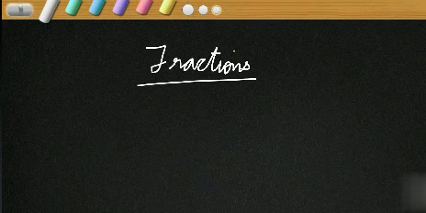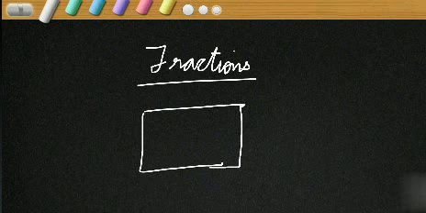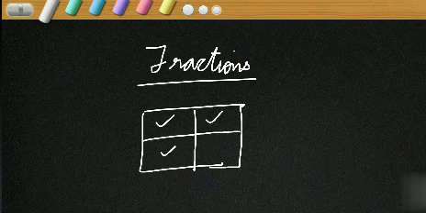Suppose we have a rectangle. We all know this is a rectangle, isn't it? If we divide this rectangle into 4 equal parts, how many equal parts are there? 1, 2, 3, 4. 4 parts.